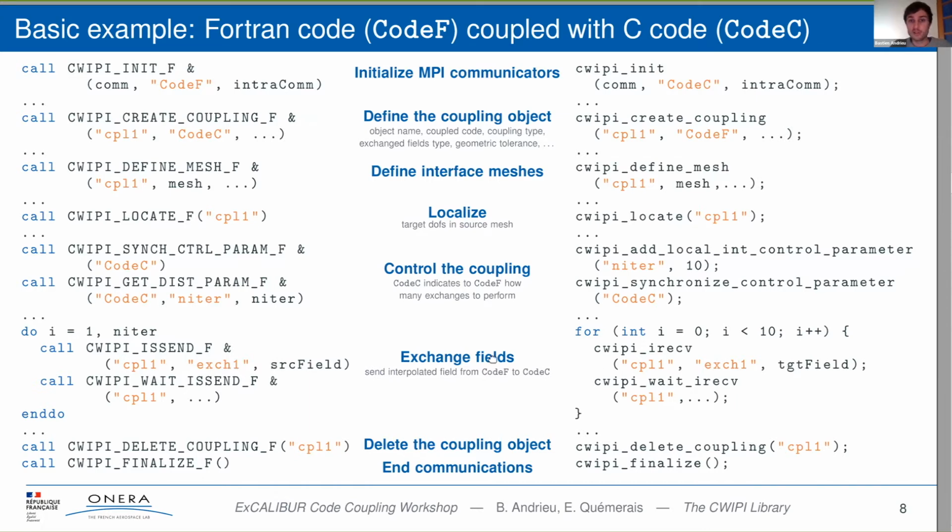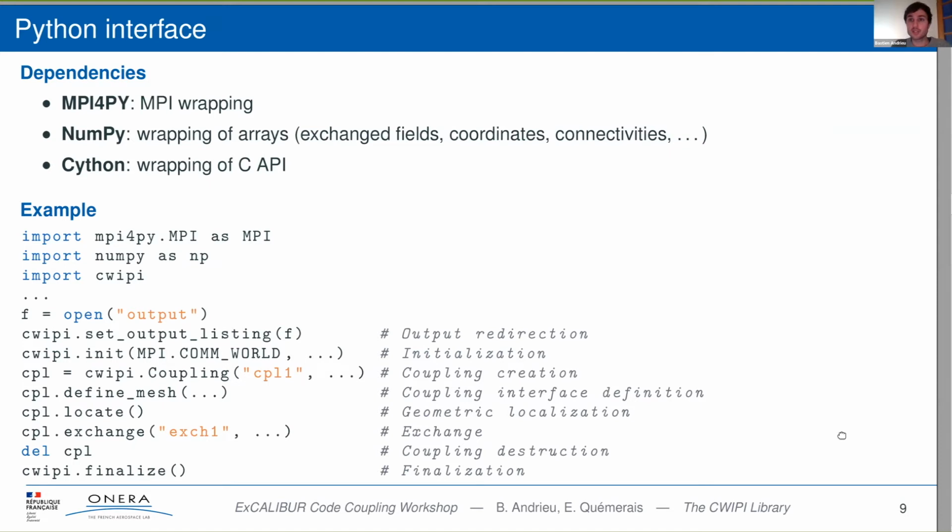And once the exchanges have terminated, both codes can delete the coupling objects and finally end the communications. As I said, CWIPI also has a Python interface, which is dependent on a few quite standard modules. And then again, the API is pretty much the same and quite straightforward.